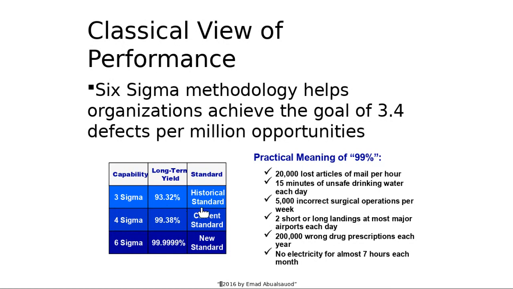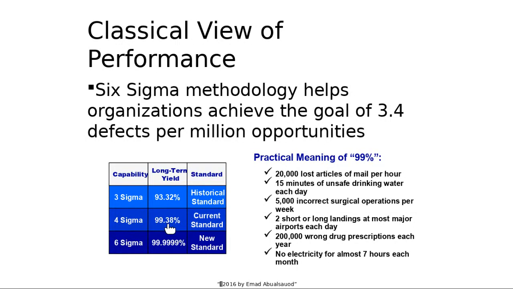The current standard nowadays, if you are not performing at 99.38%, you are not going to survive in the market. You are going to be shutting down your business because of the number of complaints that you will receive from consumers and customers. Now, the current standard means it is a must, not something preferred, not meaning that they are going to meet your expectation.